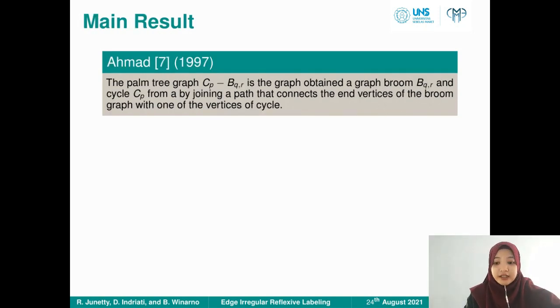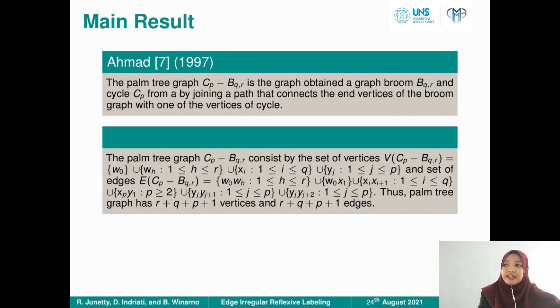Now, the main results. What does palm tree graph mean? Based on Ahmad paper in 1997, the palm tree graph C_p B_q,r is a graph obtained from the broom graph B_q,r and cycle C_p by joining a path that connects the end vertex of the broom graph with one of the vertices of the cycle.